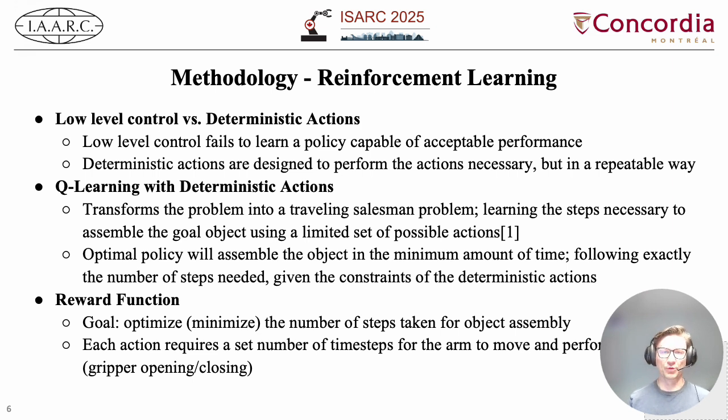To do that, we needed a reward function, and our reward function is essentially minimizing the number of steps taken for object assembly. What that means is that we know it's going to take so many steps to use all of these actions in the correct order, and so the fewer times it needs to repeat an action, the closer to the optimal policy it gets.